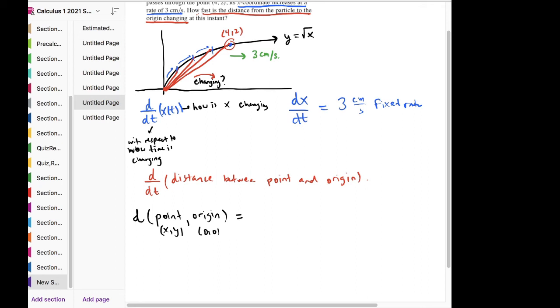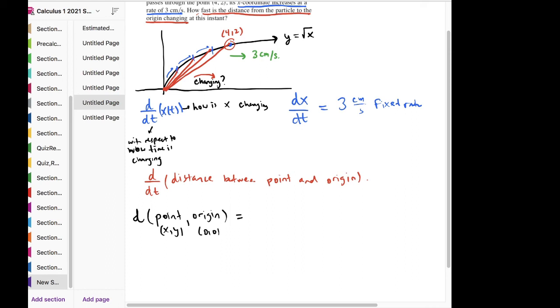What is a formula for the distance to the origin? Yep, that's it. Just the distance between 2 points formula.